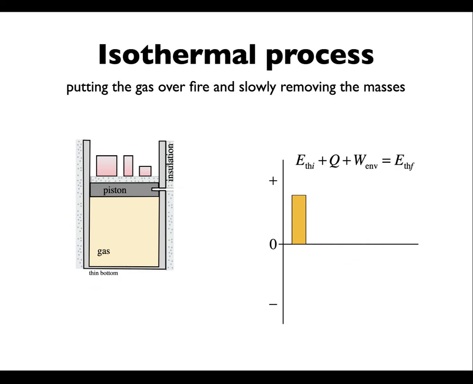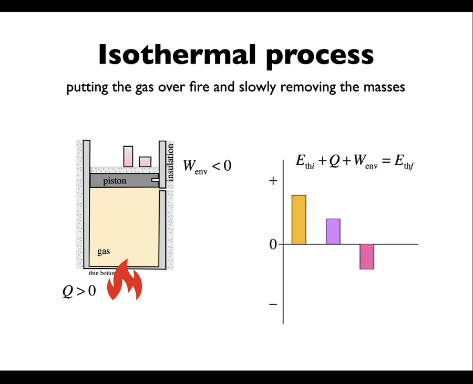For an isothermal process, we could put the gas over the fire and slowly remove the masses, okay? An isothermal process means our change in thermal energy is 0, so our starting and ending thermal energy should be the same. As we slowly remove the masses, we're adding heat, and we're making sure that the masses get removed so that the temperature stays the same.